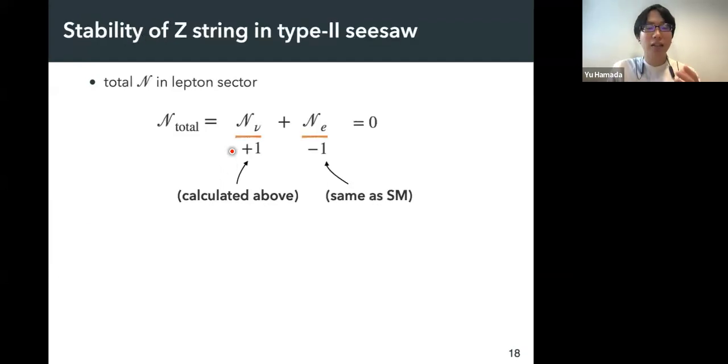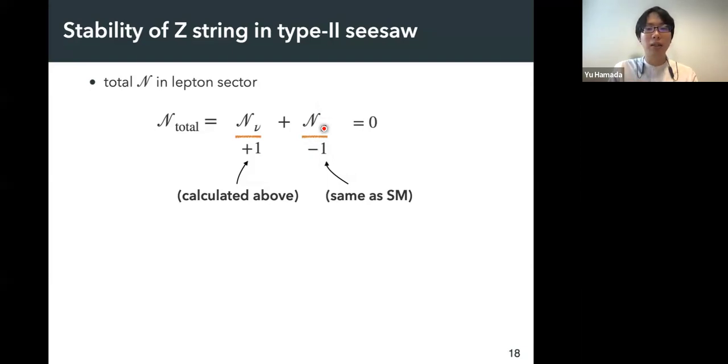So this means that, as I said, the left-handed neutrino gives a single zero-mode fermion in the background of the Z string. On the other hand, the electron also gives such a fermion, but its chirality is the opposite.